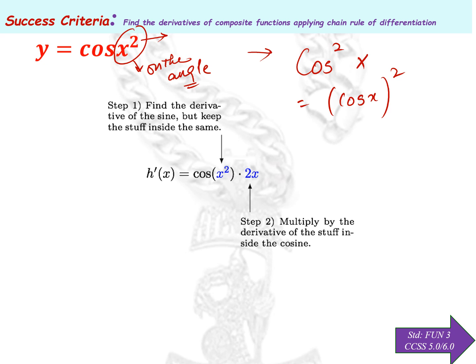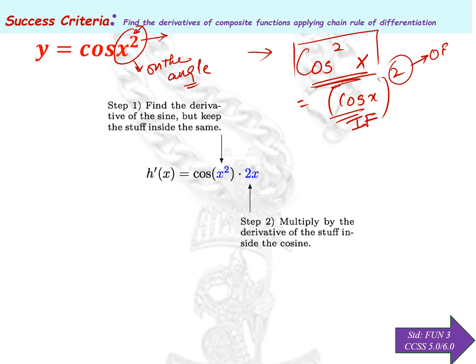But over here, only the angle has power 2. So in this case, cosine square x, the power 2 is the outer function and cosine x is the inner function.